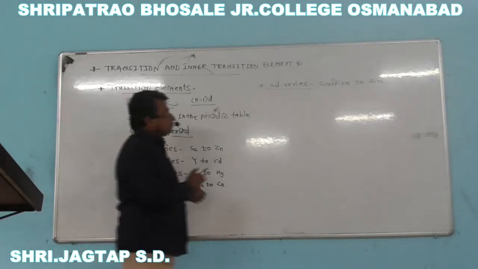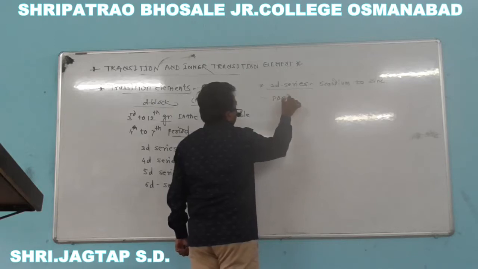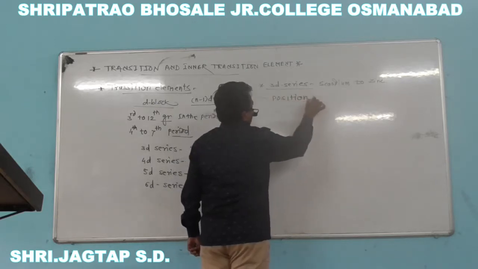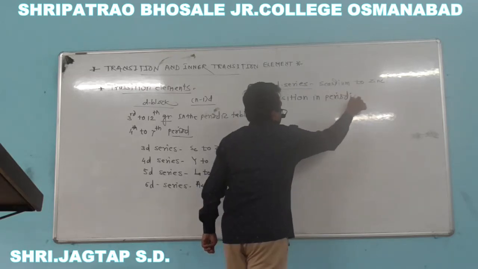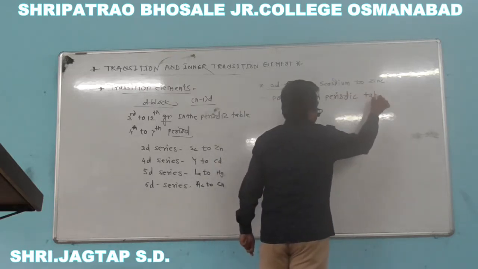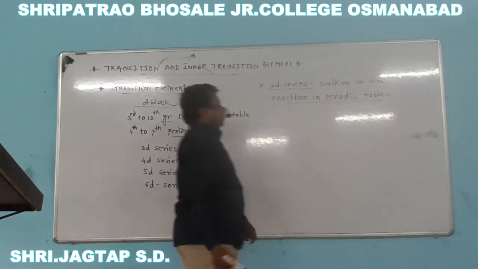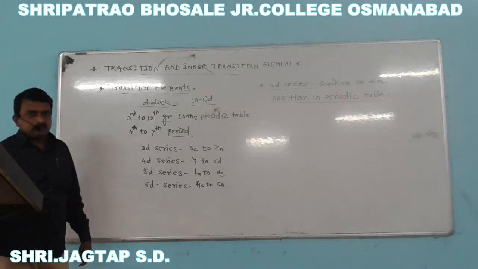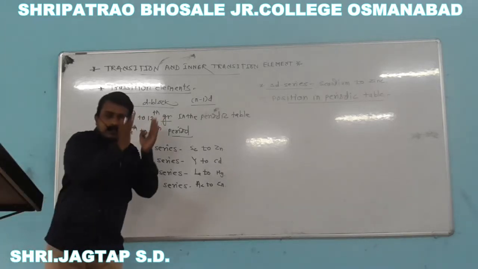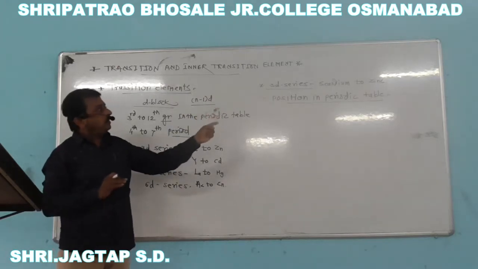Position in the periodic table: the 3d series consists of 10 elements, starting from scandium and ending with zinc.